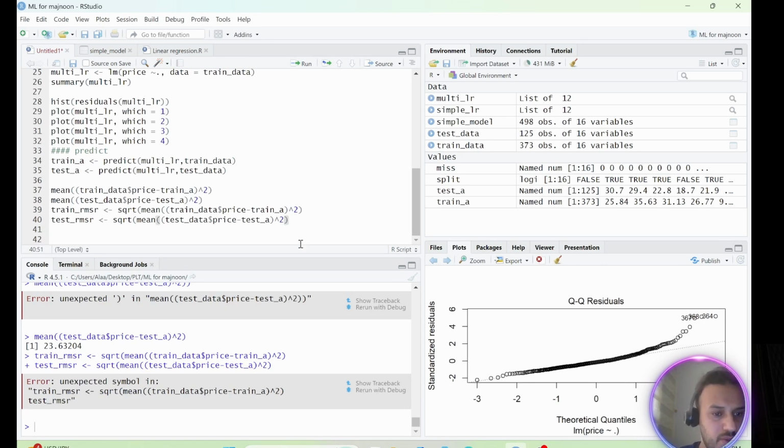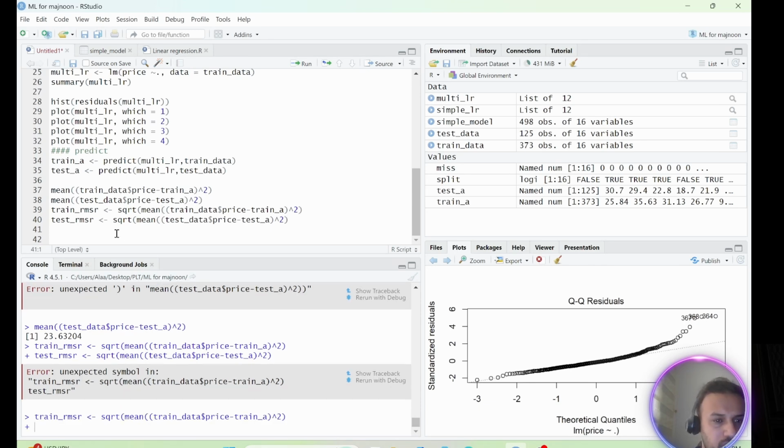What is wrong in here? My mean square, okay, test data price, my test data, mean test data price minus test.